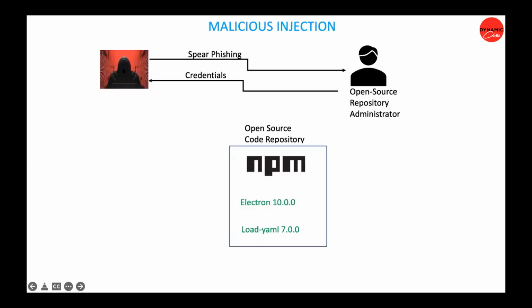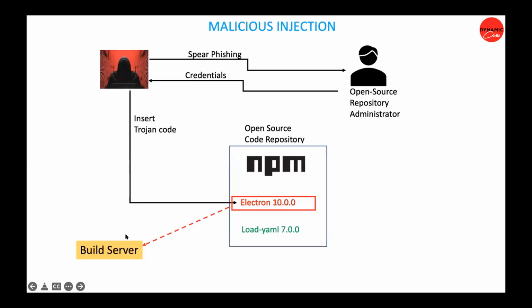The attacker does spear phishing, a traditional legacy attack, picks up the credentials of those guys, and uses that credential to insert a Trojan into this. That same earlier one, that Electron, same name, now he has injected a Trojan into that particular thing. Once he does that, next time a build server picks this up, we'll get a Trojan one. So this is how he's injecting the malicious code.